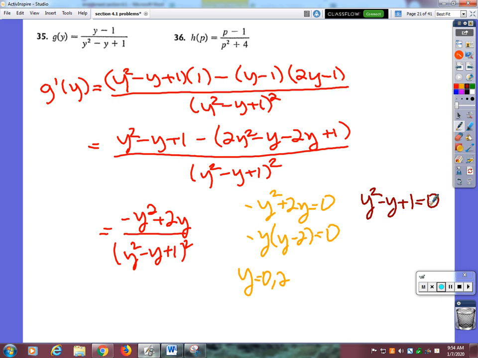This is almost exactly like what we had on the other problem, isn't it? But it was plus, and yeah, this doesn't factor, so we have to quadratic formula again. So y would equal 1 plus or minus the square root of b squared minus 4 times a. Oh, so that's going to end up being negative under the square root, right?